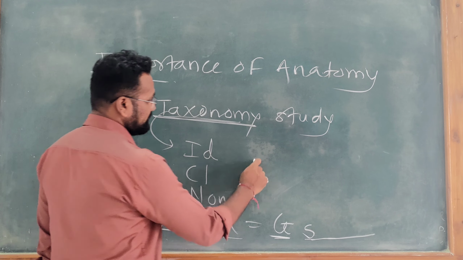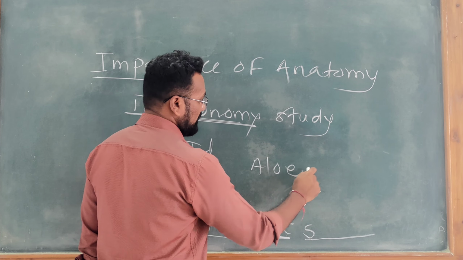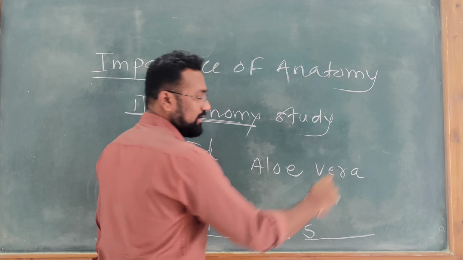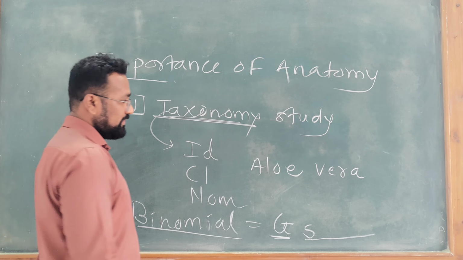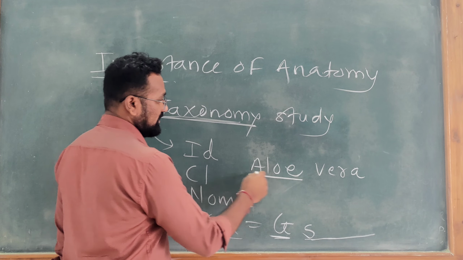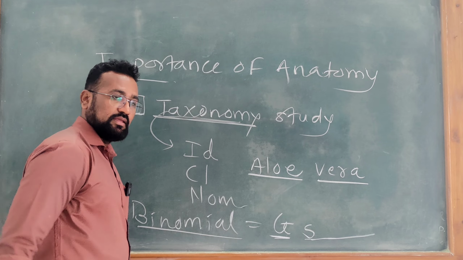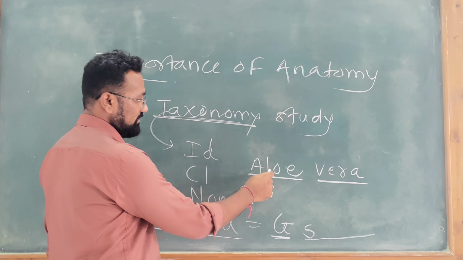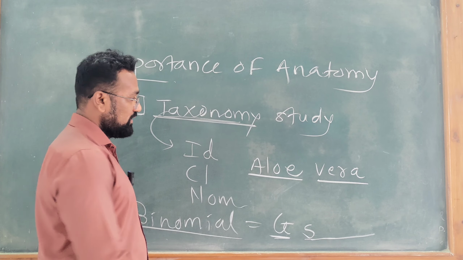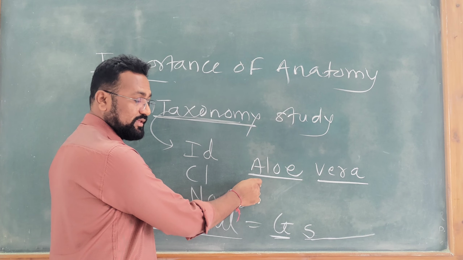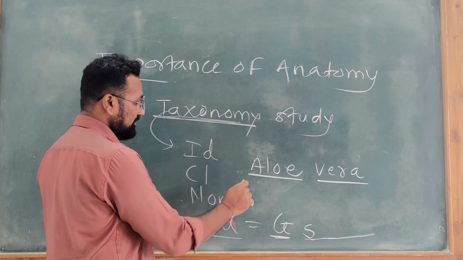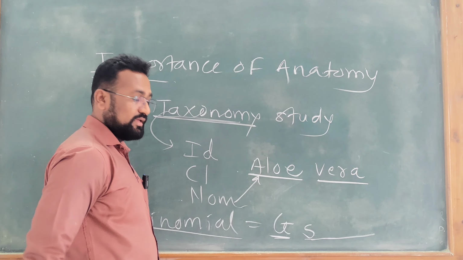For example, Aloe vera is a botanical name where we have the genus name and species name. Here A is capital and the rest of the letters are small. This is taxonomy, where we generally use names. Nomenclature means giving a name.